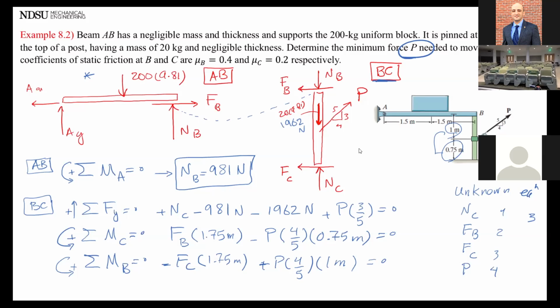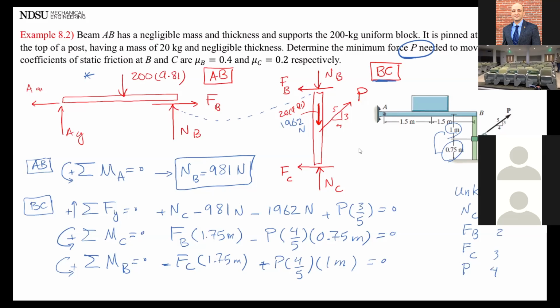What is the friction equation? I hope you guys didn't forget. What is it? In Fy or Mb, would you make a substitution for frictional force? Yes. Which one? What friction equation should I use? FC and normal at C.